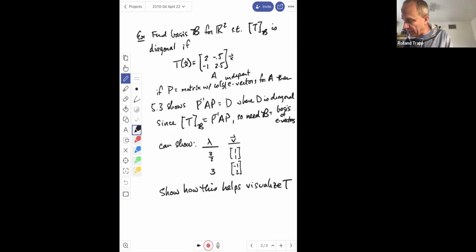However, we know that, oh, actually, I didn't finish this example. Let me just finish this example by saying that if I let P be the matrix whose first vector is -1, 2, and second vector is 1, 1, then TB is going to be the diagonal matrix 3, 3 halves, my bad.